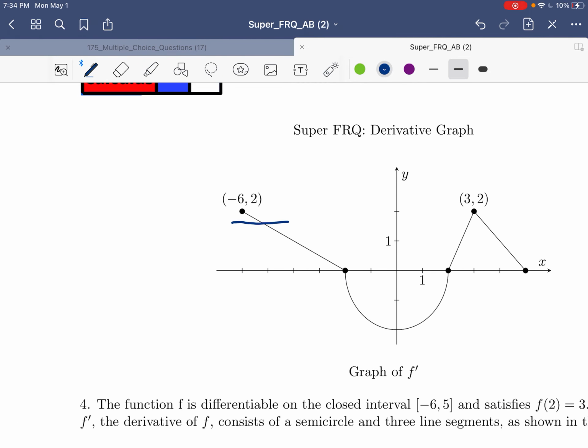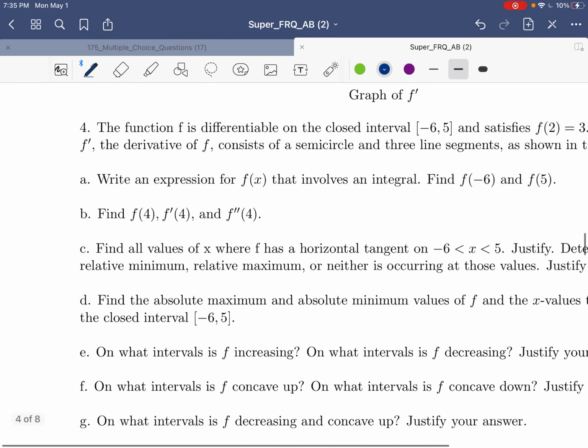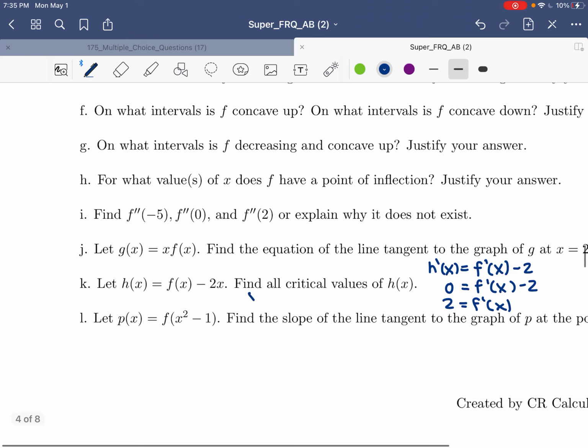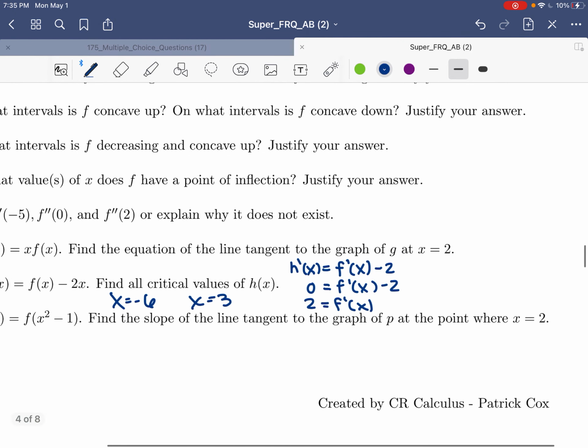So if I go back up here, I need all the points where f prime of x equals 2. Now I drew my line terribly, because it should also go through that point. So right here we have x equals negative 6 and x equals 3. And if it doesn't say to justify, we don't really have to.